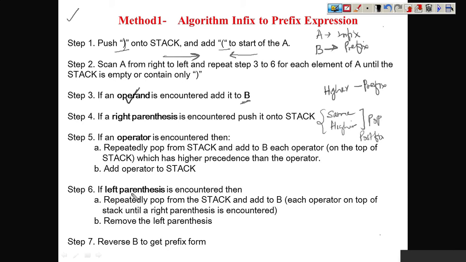If you encounter the left parenthesis, then you have to repeatedly pop from the stack all the operators which you see until you encounter the right parenthesis. Once you encounter the right parenthesis, you stop, and you also remove this right parenthesis from the stack.